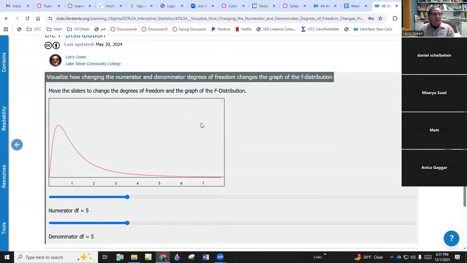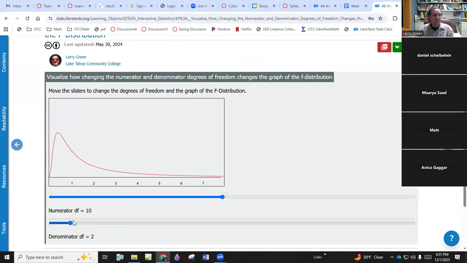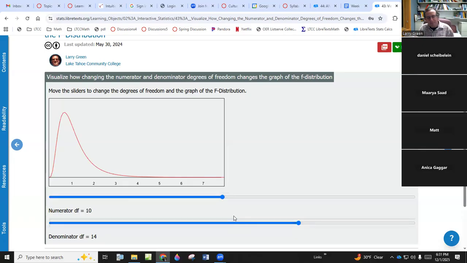So here's the F distribution. Turns out there's a numerator degrees of freedom and denominator degrees of freedom. I'm not going to get into the mathematics behind it all. There's two sets of degrees of freedom, and changing them changes the distribution shape a little bit. Notice it is skewed a bit to the right. Notice also that it's not a normal distribution. It's skewed to the right. You don't get any negatives.